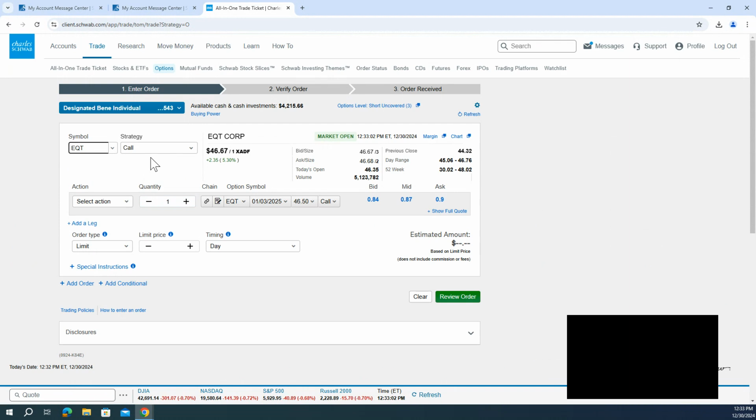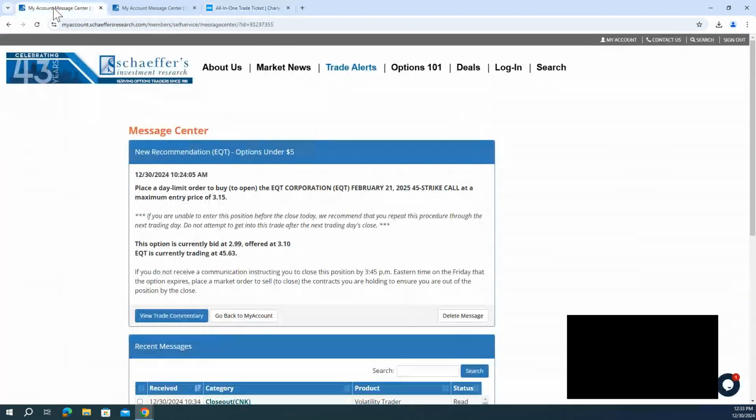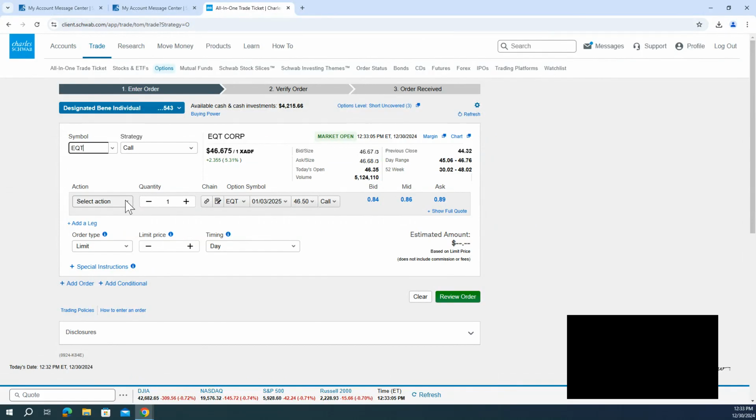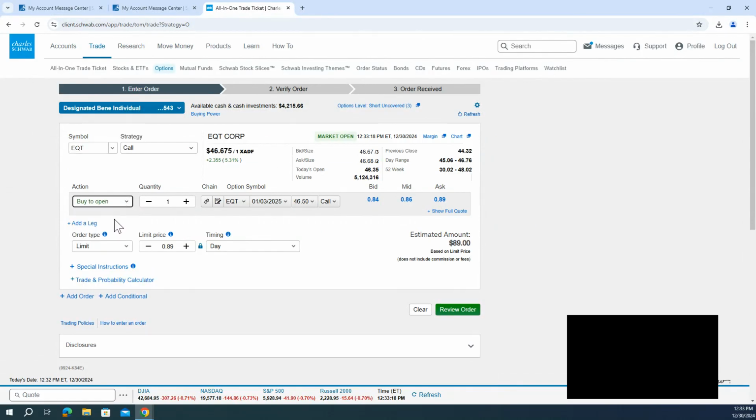And the strategy defaults to call, which is what we're buying in this case. Now, remember, we want to buy to open. So under our action, we select buy to open. And for simplicity's sake, we're just going to recommend buying one contract.